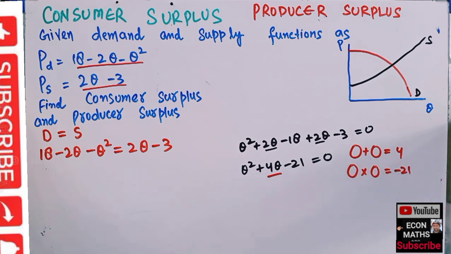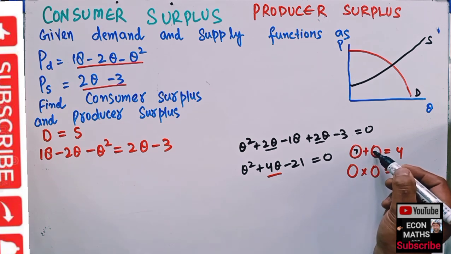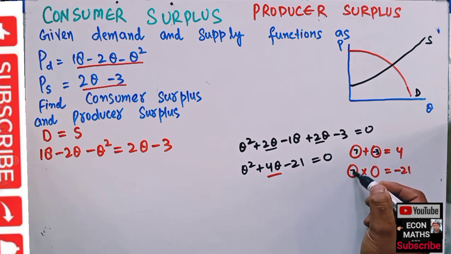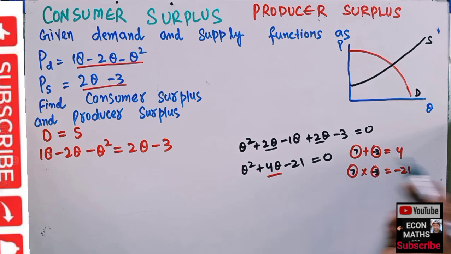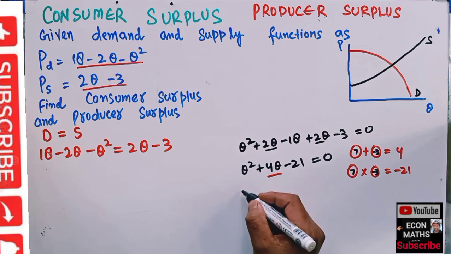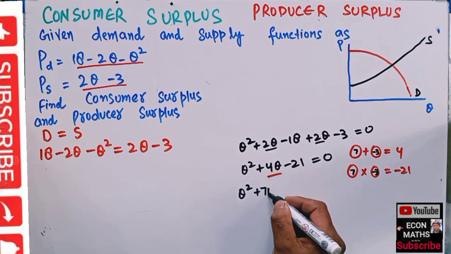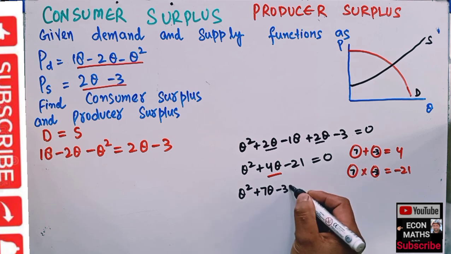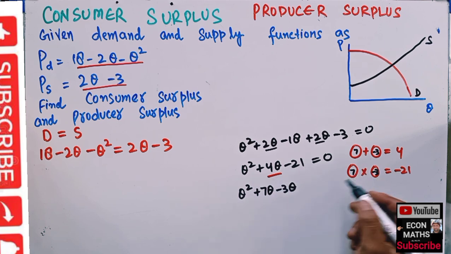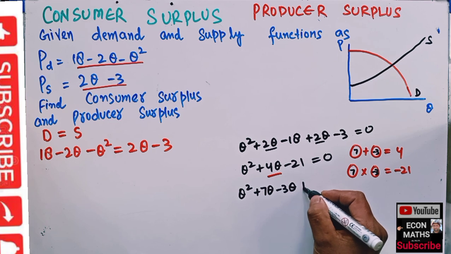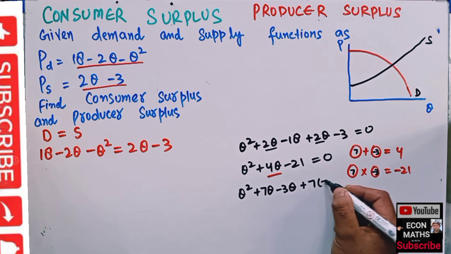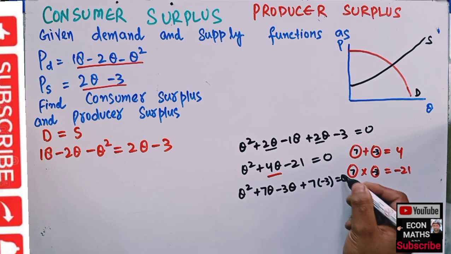We can guess here: 7 and minus 3, since 7 into minus 3 is minus 21. This is satisfied by these two numbers. So I can rewrite this as q square plus 7q minus 3q, and in place of minus 21 I will write 7 into minus 3, and we set it equal to 0.